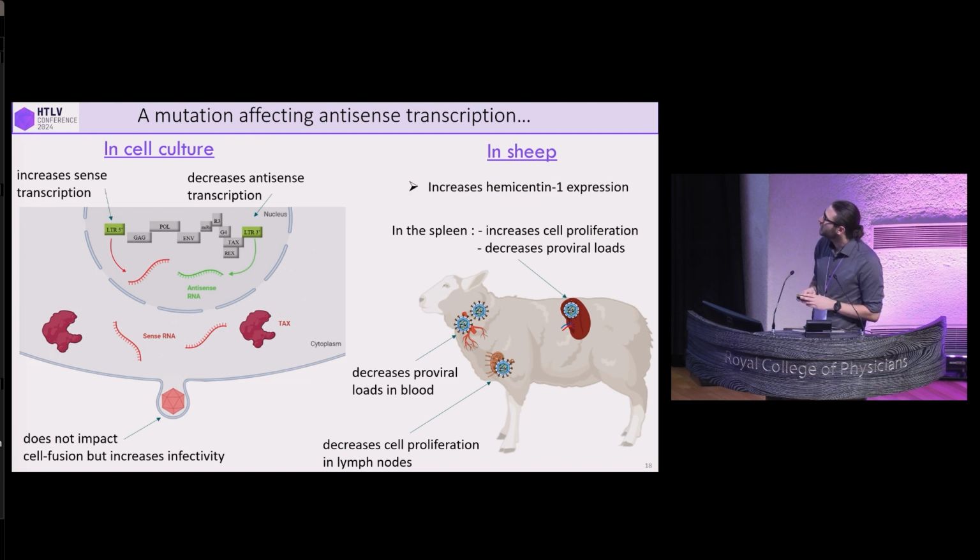And then when we injected sheep with that mutant, we saw an increase in cellular proliferation in the spleen, as well as a diminution of viral replication inside those animals. That phenotype was also correlated with increased expression of the hemicentin-1 gene, and importantly, none of the sheep developed any kind of leukemia or lymphoma.